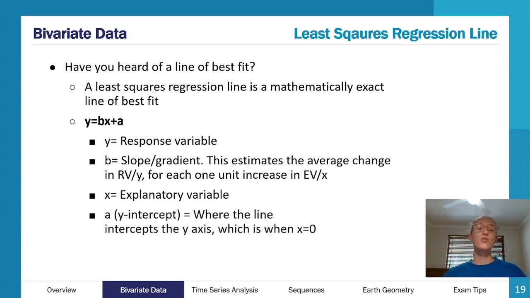And then A is the y-intercept, which is where the trend line or the line of best fit intercepts the y-axis. The cool thing is that's always going to be when x is equal to 0.